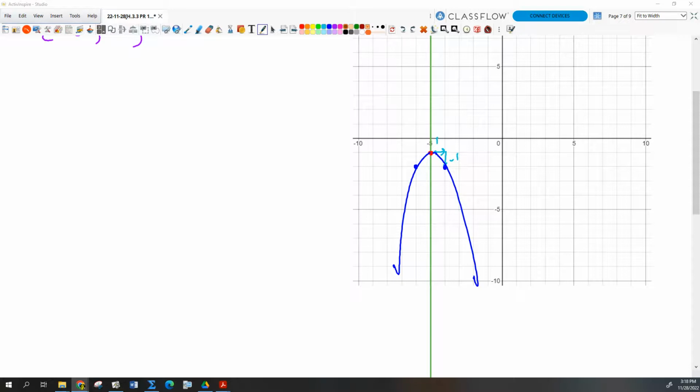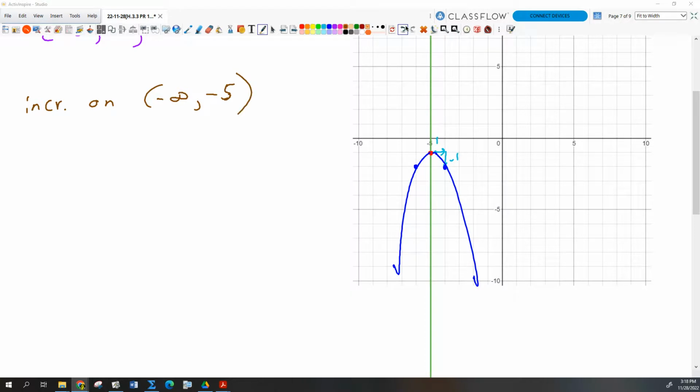-infinity, not to -1. We're talking about x values here, right? To -5. Oh, okay. So it's increasing on -infinity up to -5. Brackets or parentheses? Parentheses. We need parentheses, though.